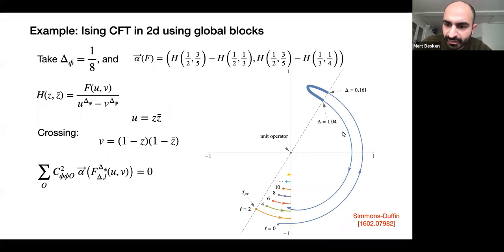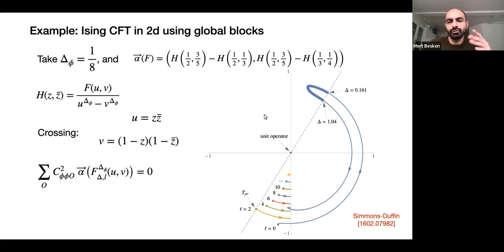That means this thickened part of the curve has to be in your spectrum. If your first excited scalar primary in the OPE has dimension lying on the right-hand side of this, you cannot satisfy this equation, so it has to lie here.